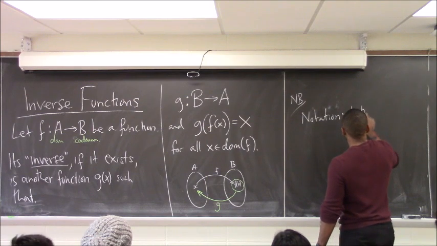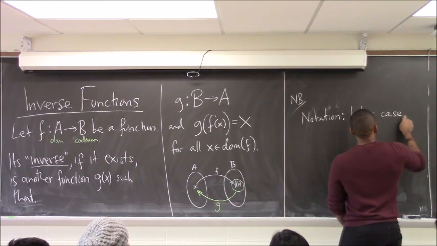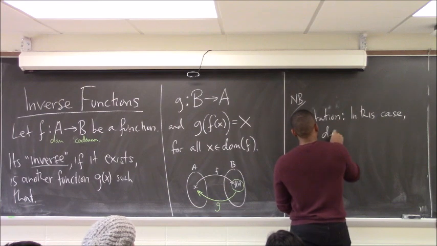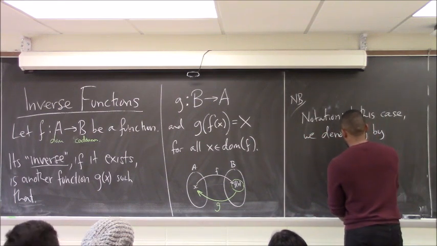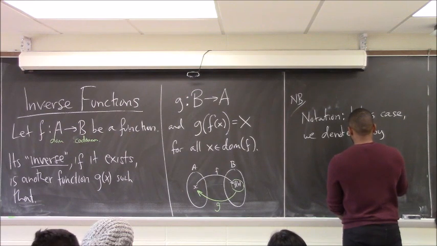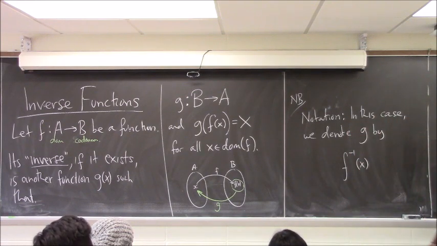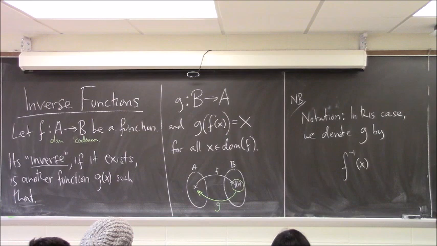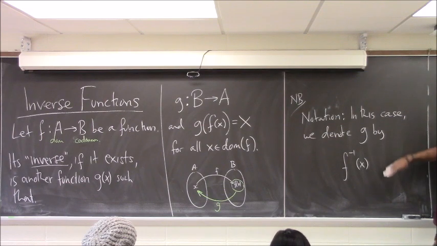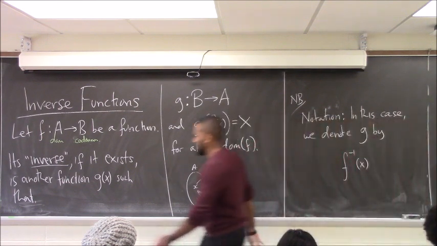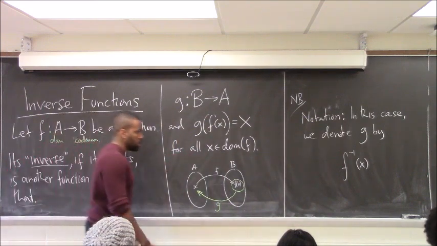In this case, we denote g by this symbol. f, we put a little -1 power. Now, of course, the confusion comes because normally, from the laws of exponents, we think of -1 power as 1 over, but that's not what it means in this context. But that's how we call it.